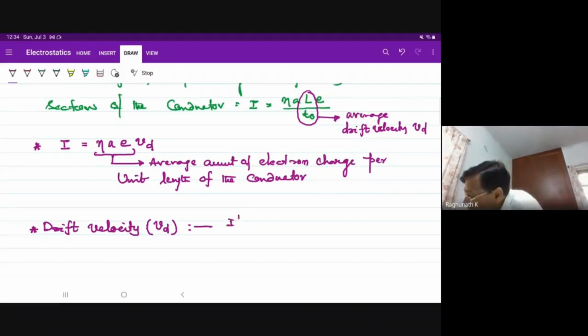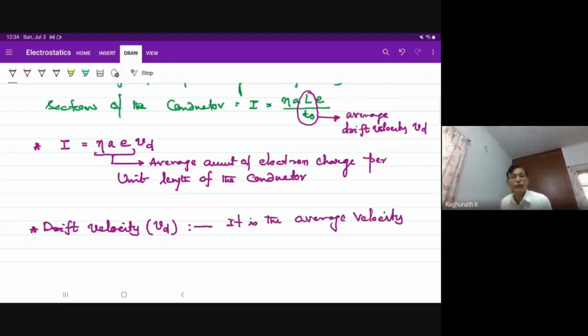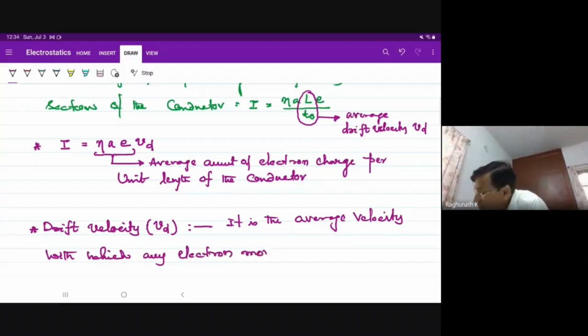It is the average velocity with which any electron moves due to the force applied.